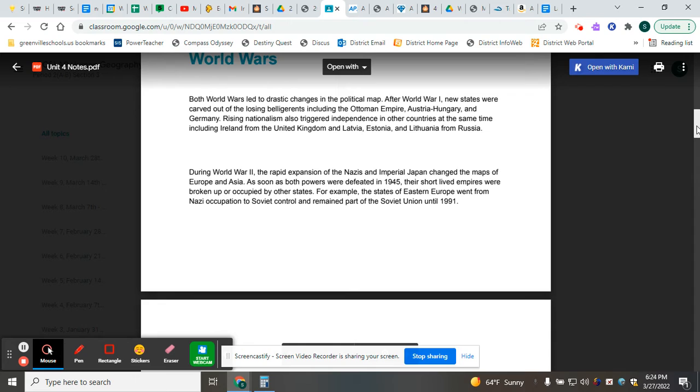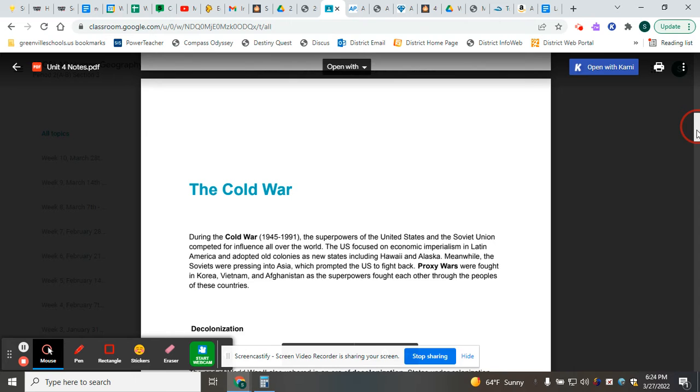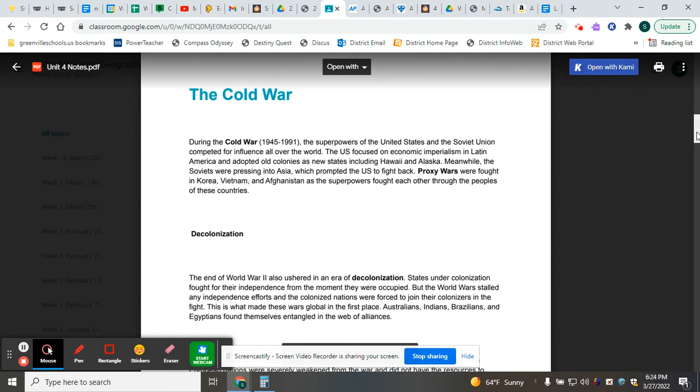For example, the states of Eastern Europe went from Nazi occupation to then Soviet occupation. And what's really interesting about Soviet occupation of Eastern Europe is that during the Cold War, countries like Poland and Czechoslovakia and Hungary and Romania were countries really just on the map or in name only.